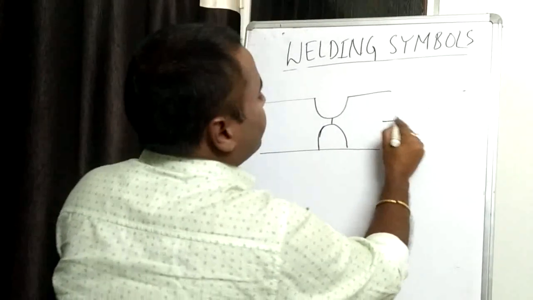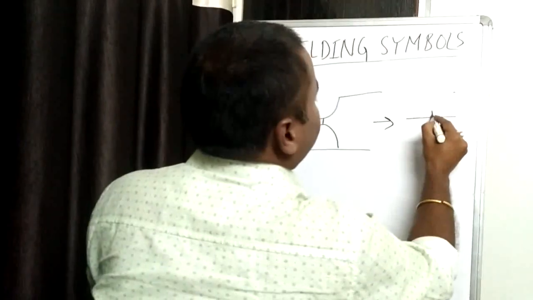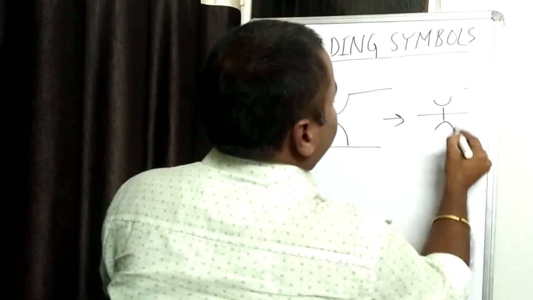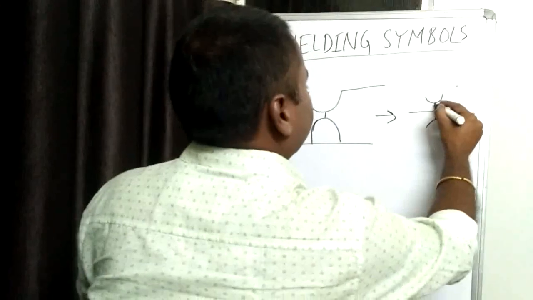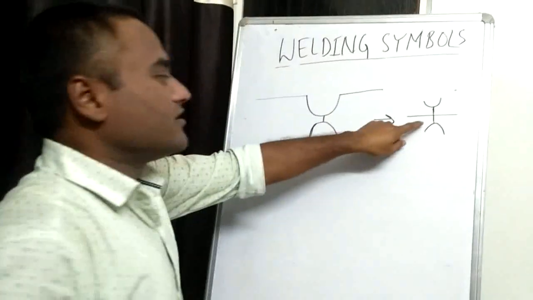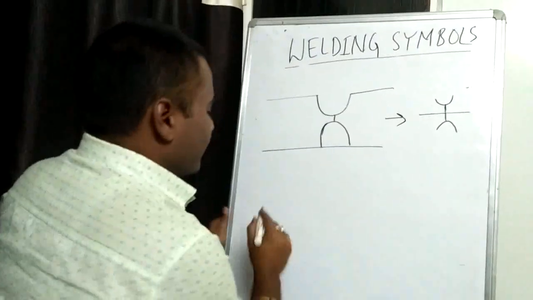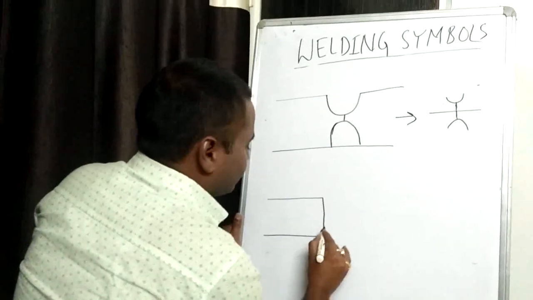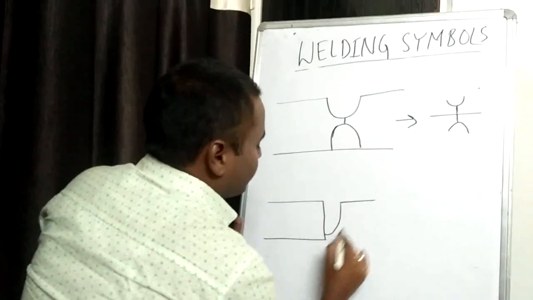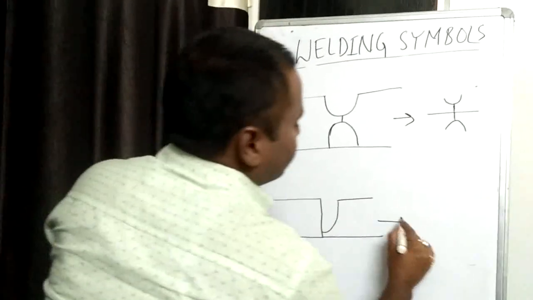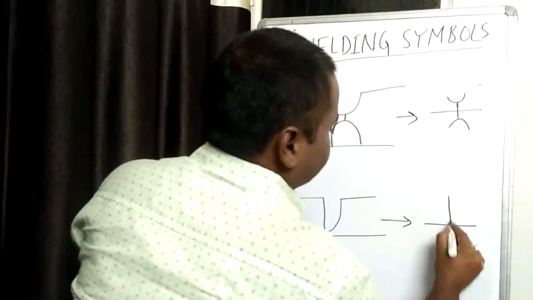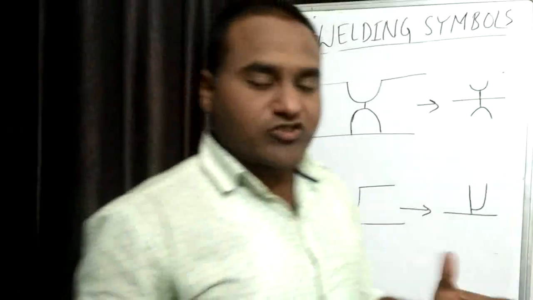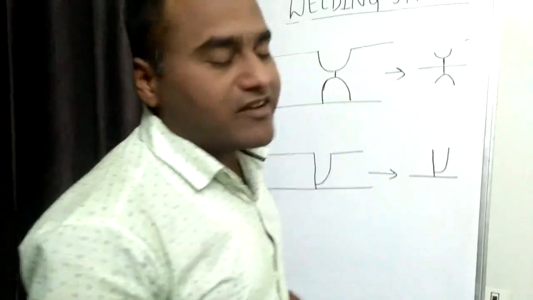For double U joint, this symbol shall be used. And for J joint, this is your J group. For J group, we have to use this symbol. So these are some of the most common and most important elementary symbols.